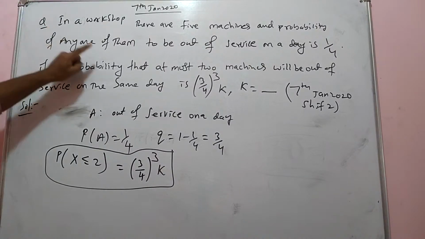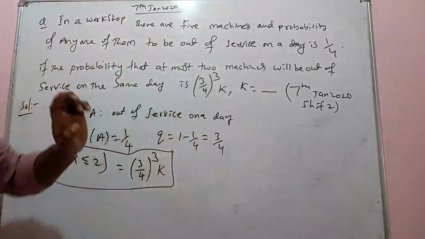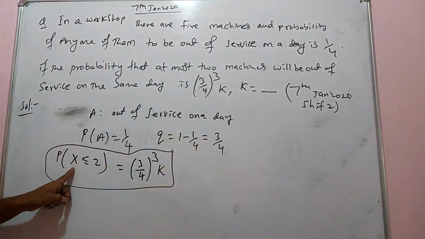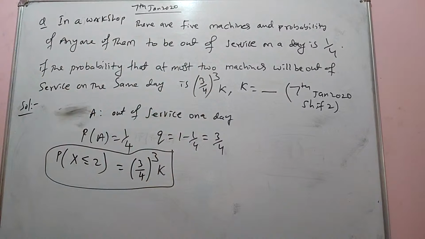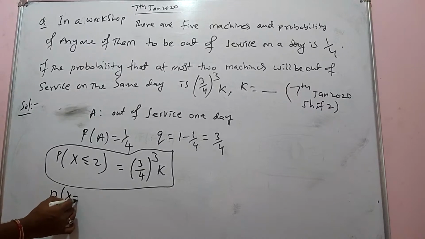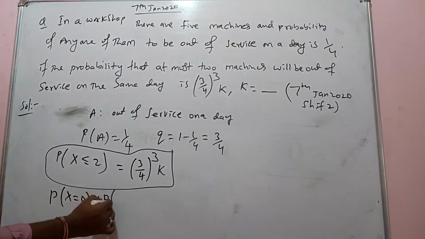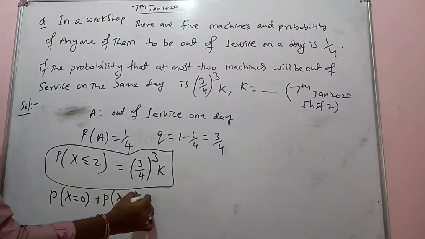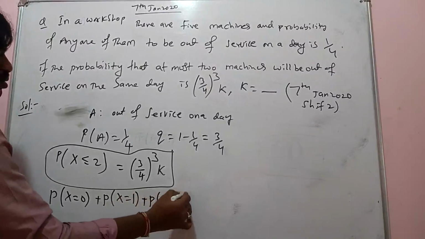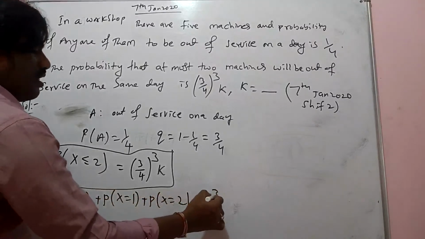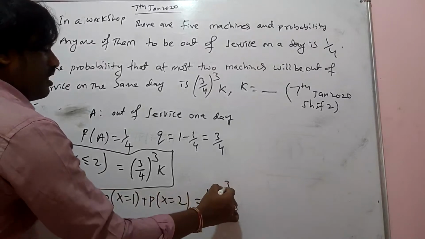It is asking for the probability that at most two machines are out of service, that is probability of X less than or equal to 2, which they gave as 3/4 whole cube into K. Then we have to find K. It means I have to find the probability of X equal to 0, X equal to 1, and X equal to 2.